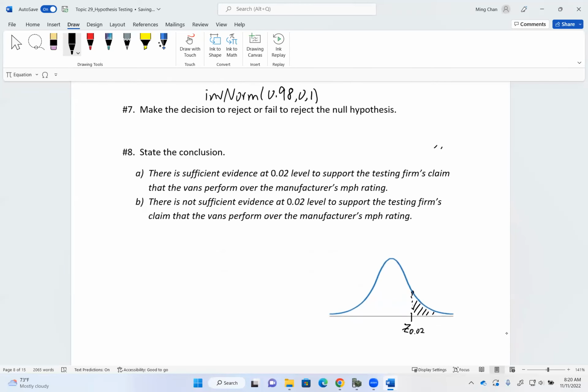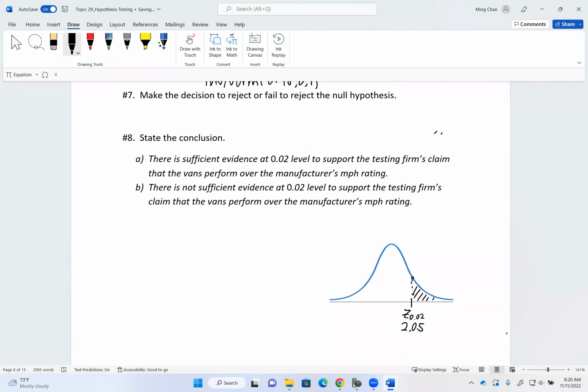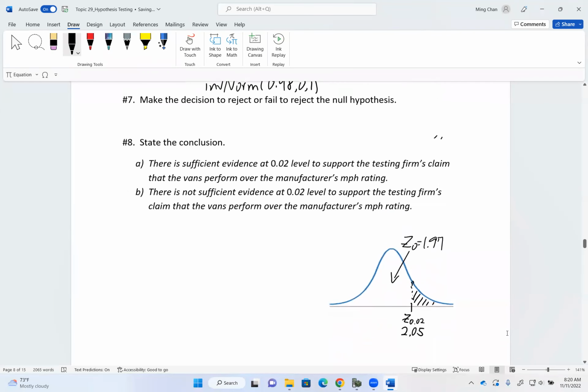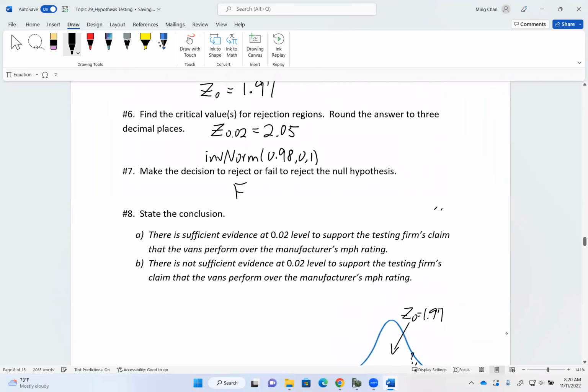So my critical value is positive 2.05, and 1.97, our test statistic, falls in here. So in this example, we will actually fail to reject. Now, if it fell inside the right tail, that would be the rejection region. Anywhere else, we fail to reject the null hypothesis.